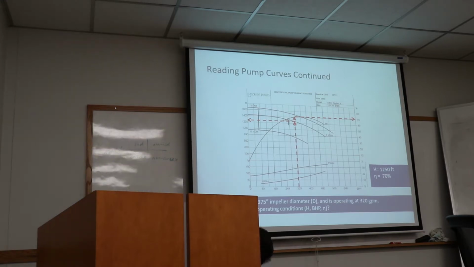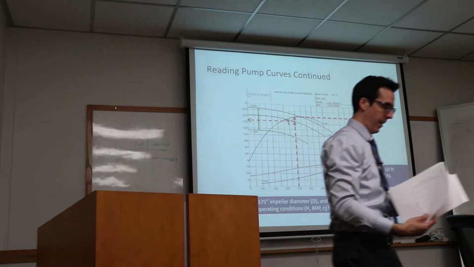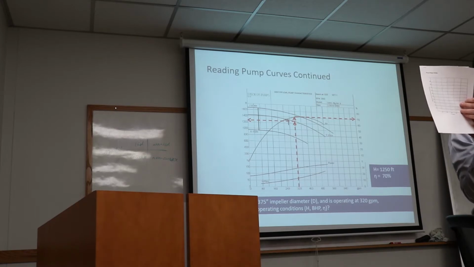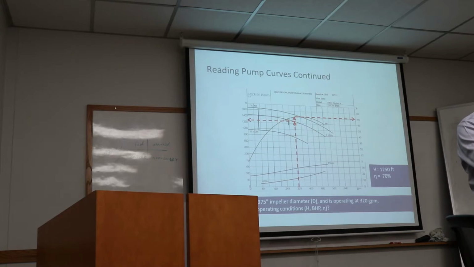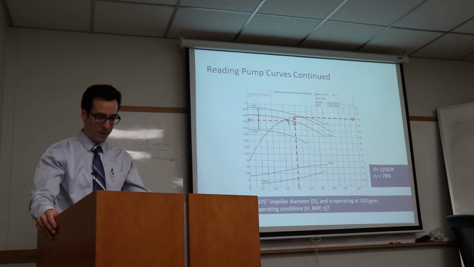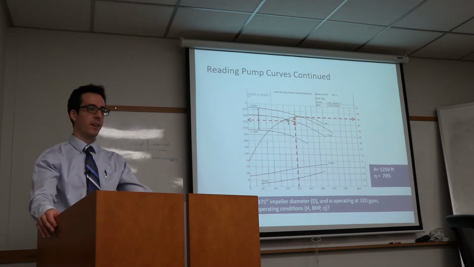And I do have some handouts that I'll circulate here. One of these we'll use later on as a worksheet. This one has the equation and some space to do some math. I think we should have enough here. So you know those points from the curve. Go ahead and compute the horsepower.